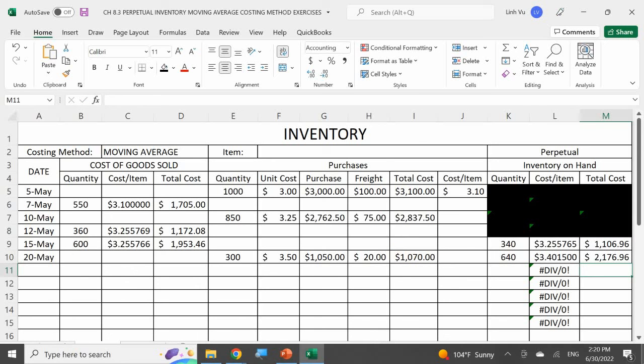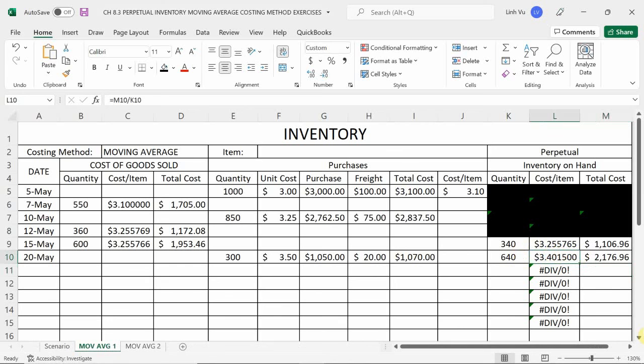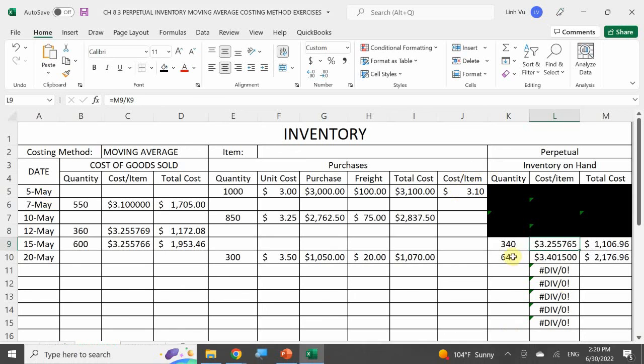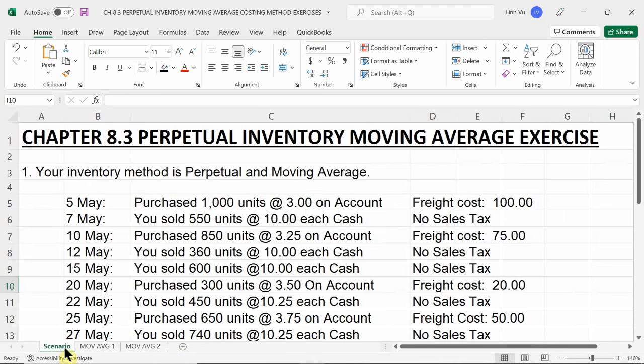Okay, so that should give me my average cost to be $3.4015. Okay. All right. So therefore, I can go ahead and hide this. Okay. And let me go ahead and see what happened next.